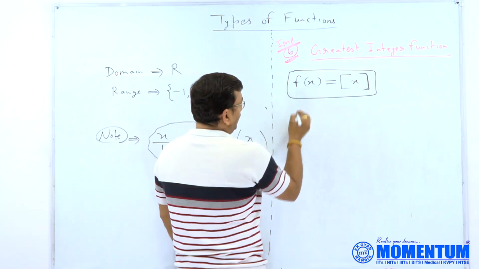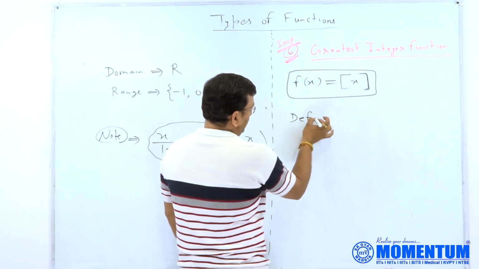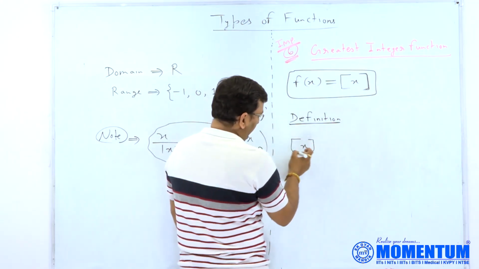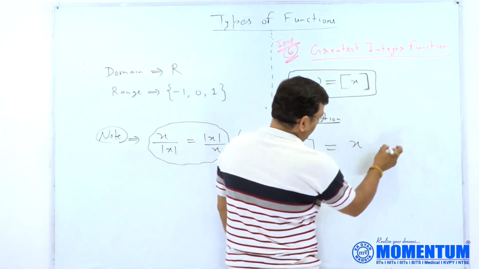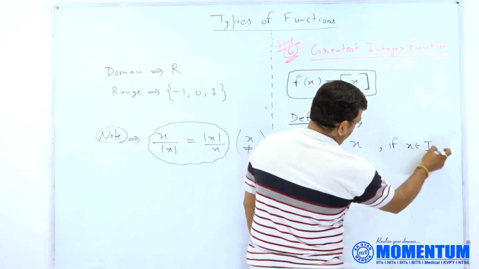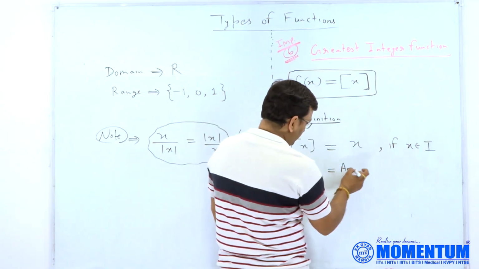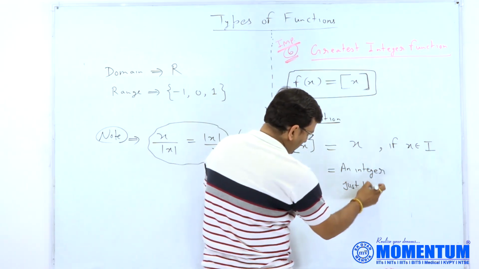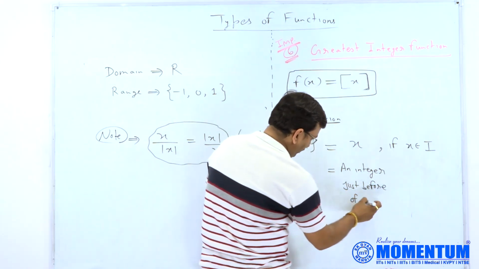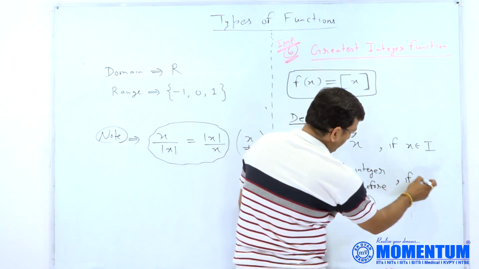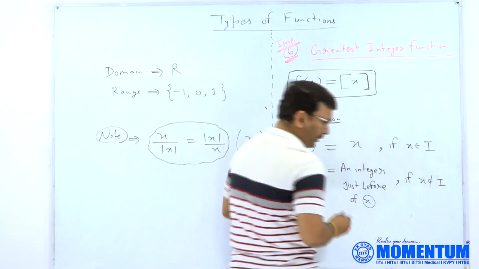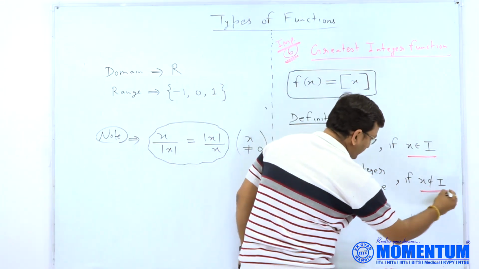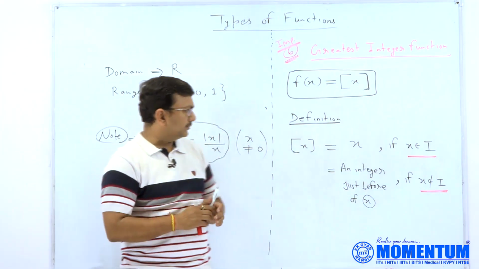Definition पे आते हैं. How to define it? So अगर definition की बात करें तो बोला जाता है square bracket x is equal to x if x itself an integer, otherwise an integer just before of x if x doesn't belong to an integer. डेफिनेशन में ध्यान दीजिए, x integer, x doesn't belong to an integer.